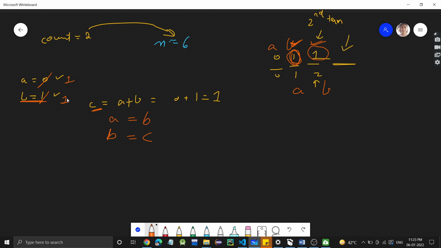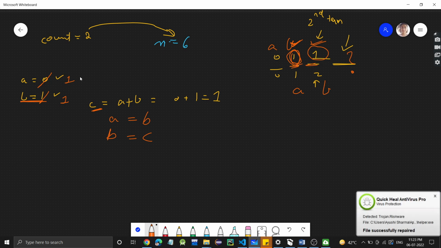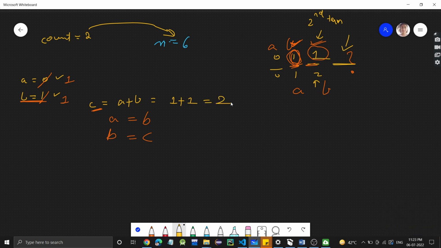So now see, these two are the previous two values for this, right, 1, 1. So again we will calculate C. It will be 1 plus 1, A plus B, 1 plus 1. This will be 2. So here 2 will come. Now what will happen?